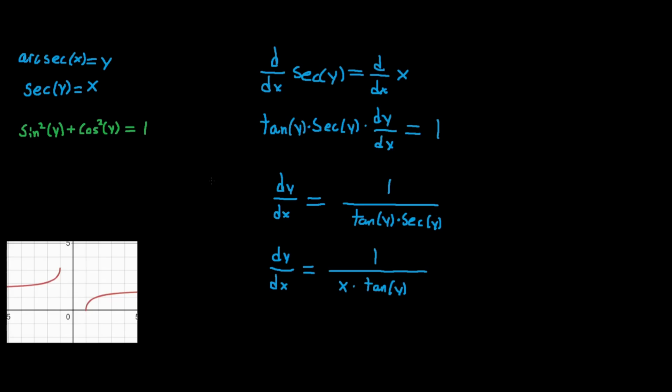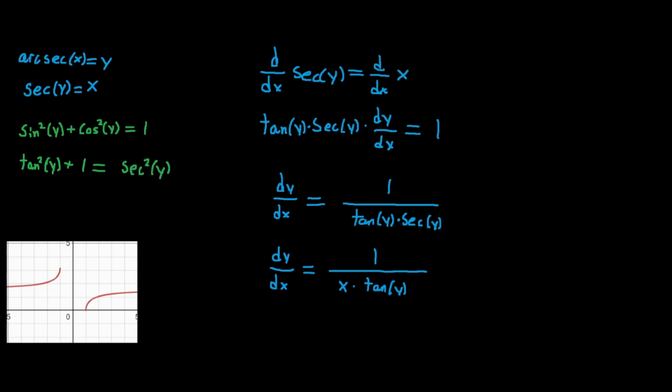All right, and then I want to solve for tangent of y, and I want to get this all in terms of x. So I'm going to look back over here at our Pythagorean identity, sine squared of y plus cosine squared of y equals 1, and I'm going to divide everything here by cosine squared. And what that will give me is tangent squared of y plus 1, cosine squared over cosine squared is 1, and then 1 over cosine squared is secant squared.